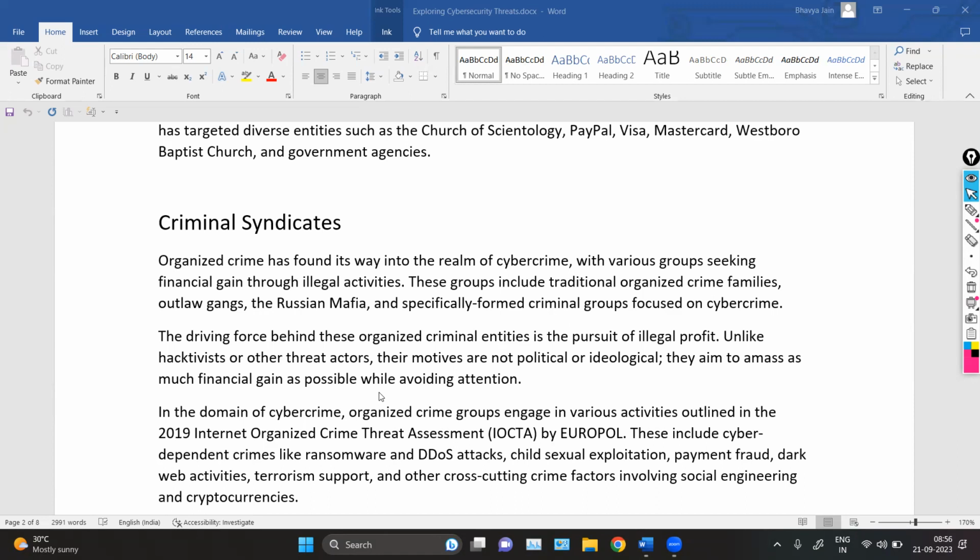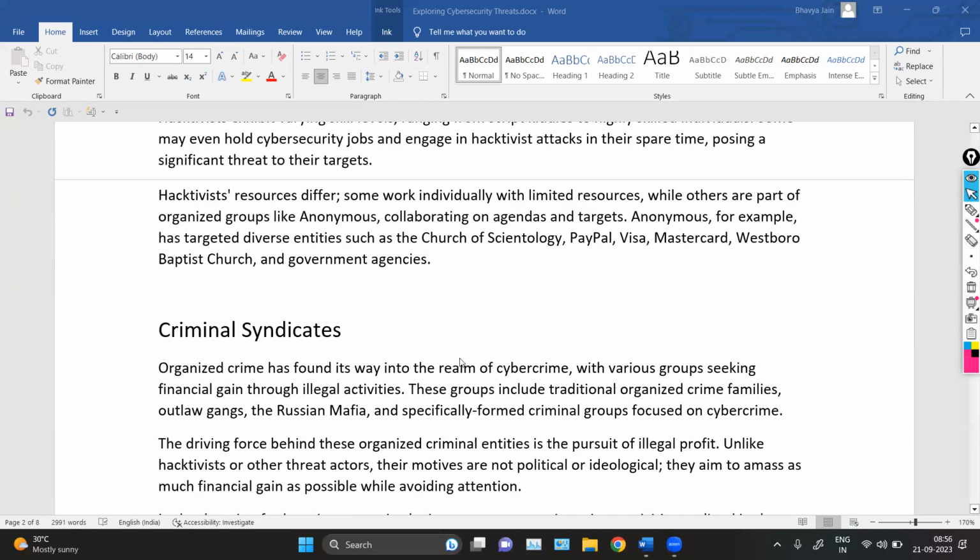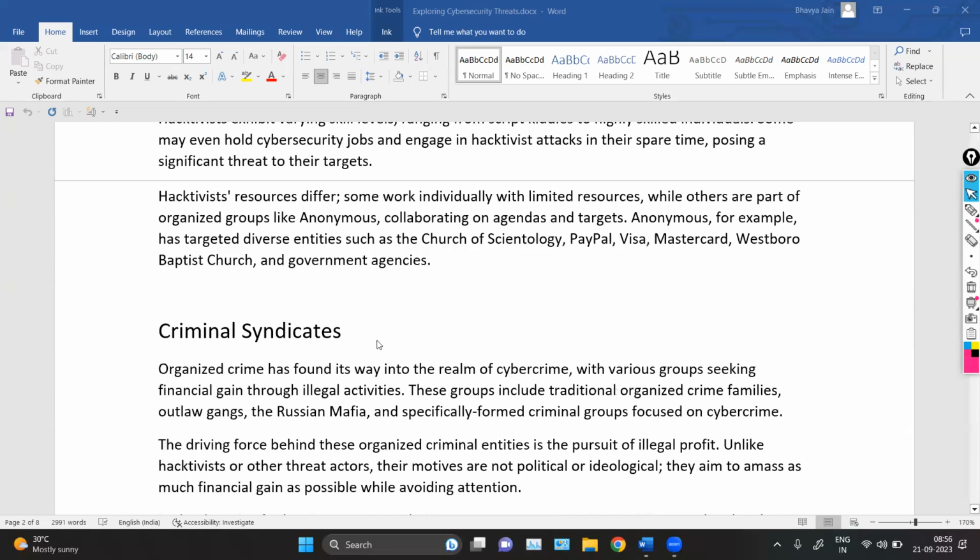Also, there are some resources. So these are the criminal syndicates.